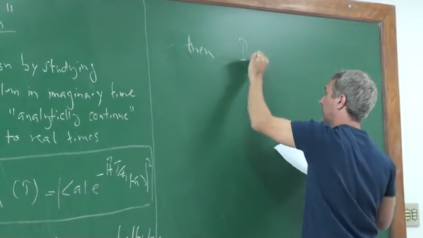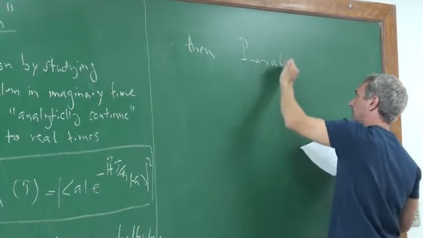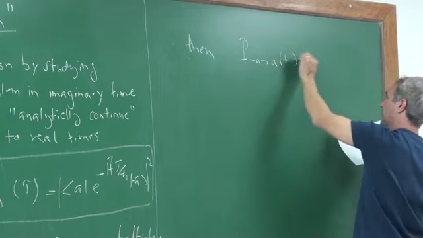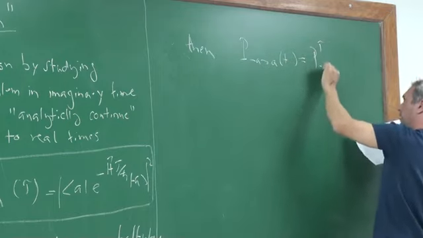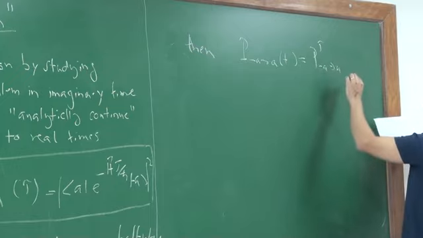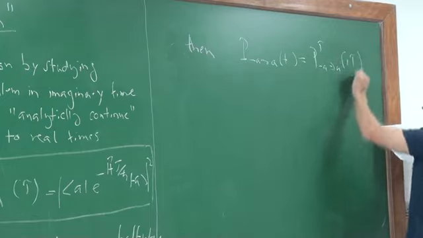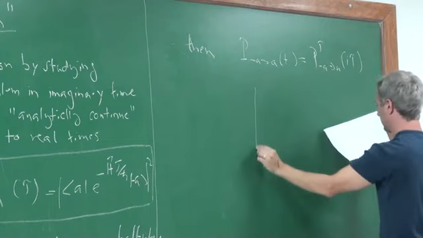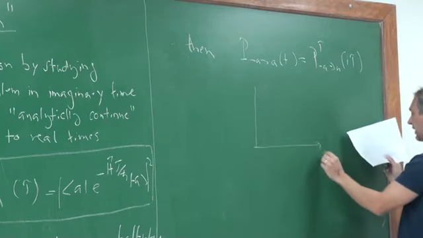Then we can get the probability for minus A to A in time t, just by taking the probability in imaginary time, minus A to A, and substitute t again by it.